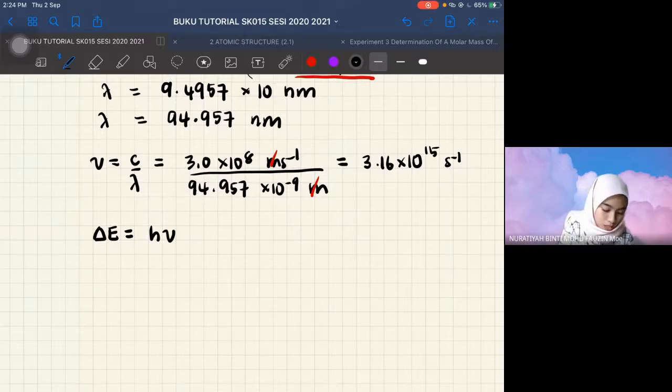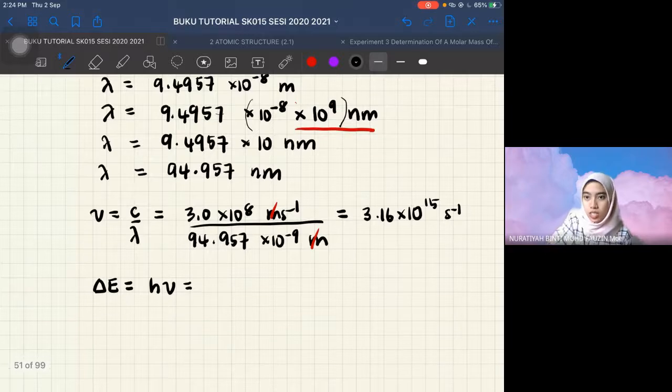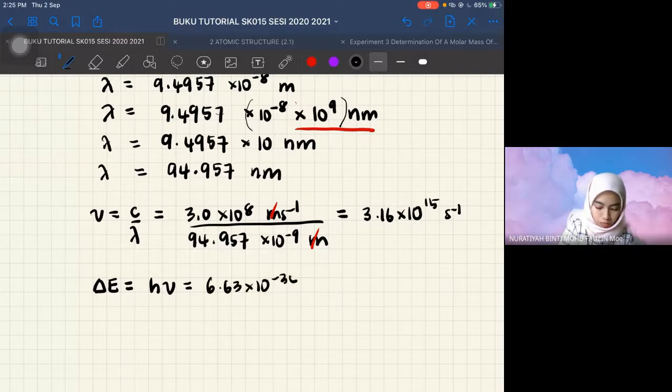If H nu, you just put in the values. H is Planck's constant, 6.63 times 10 to the power of negative 34 joule second, times nu, your 3.16 times 10 to the power of 15 per second. So your answer will be in joule.